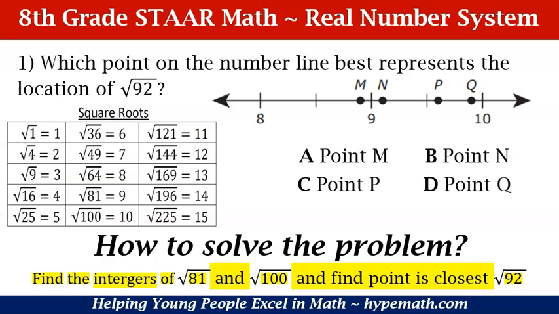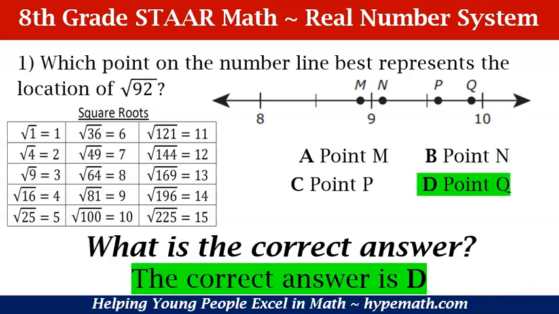Based on that information, what do you think the correct answer is? If you said D, point Q, you are absolutely correct because, again, we asked ourselves, which is the square root of 92 closer to?